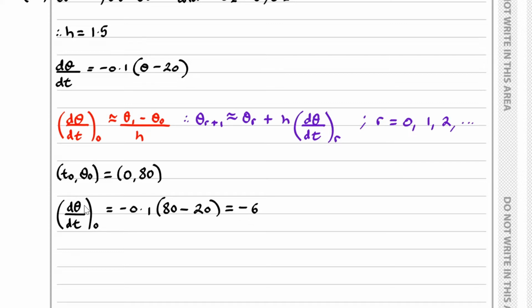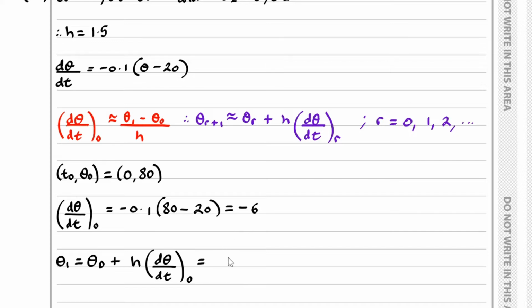And now that we know d theta over dt 0, we can use that to find out what theta 1 is. Theta 1 is equal to, using this formula here, theta 0 plus h, which is 1.5, lots of d theta over dt 0.